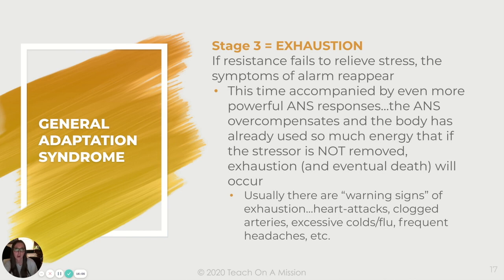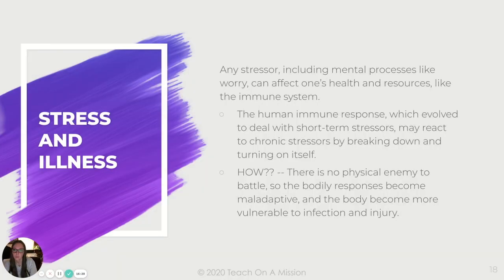So again, I hope we see that stress, especially when it's a threat, is not positive for you. I know a lot of us just sit in chronic stress. We really want to start looking at that because I don't want you to physically damage your body. Any stressor, and this includes any mental process, like worry, right?